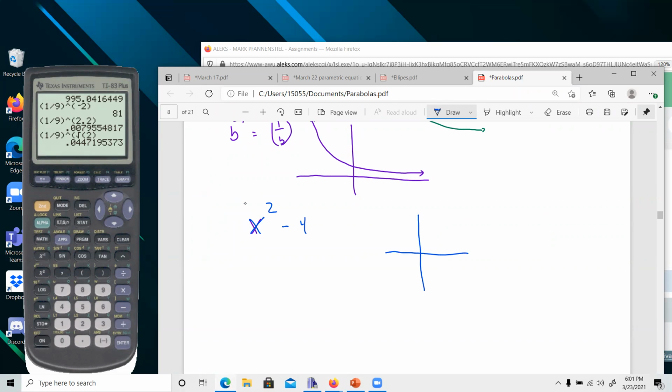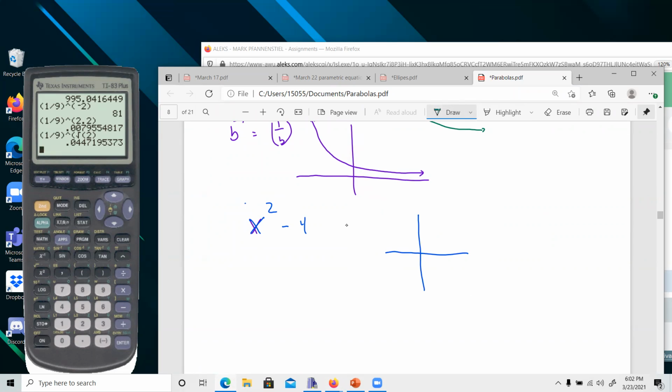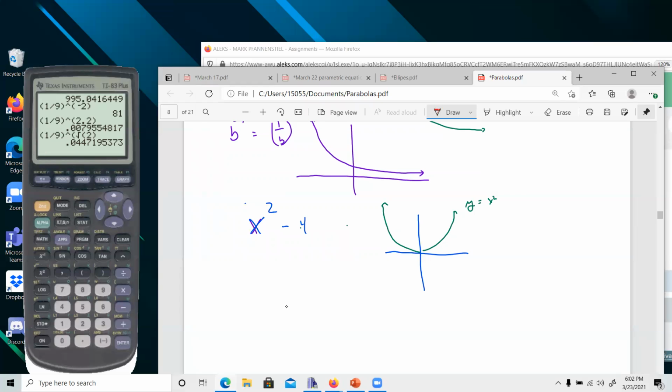Well, here's our parent function, was x squared. And then this 4 moved it down 4 spaces, didn't it? It just moved it down by 4 spaces. That's all that happens.